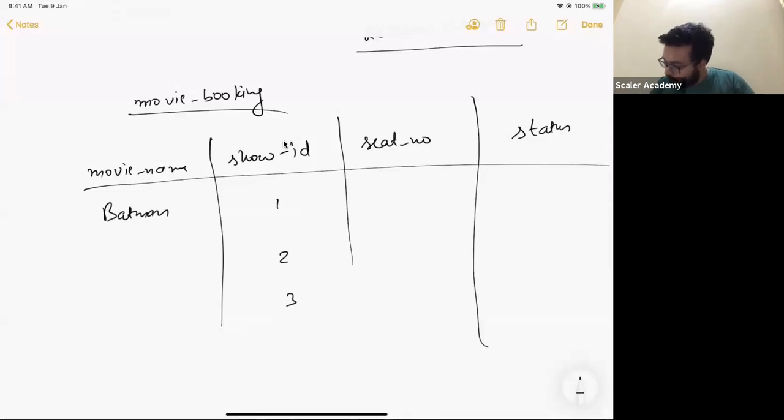And now for show ID 1, you're going to have a set of seats. Does that make sense? And for every seat, you're going to have a different entry in the table. So let's say there is seat number 1, seat number 2 again with show ID 1, seat number 3 again with show ID 1, and so on. And all of them have the same movie name, Batman. Now, at the very beginning, let's assume all the seats for this show ID 1 were empty.